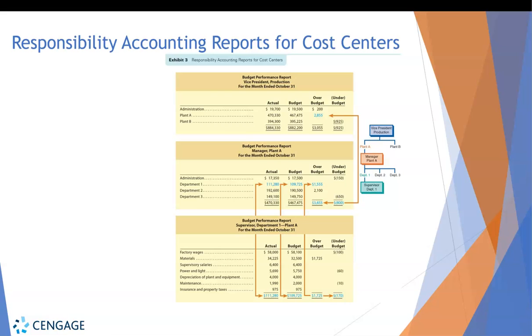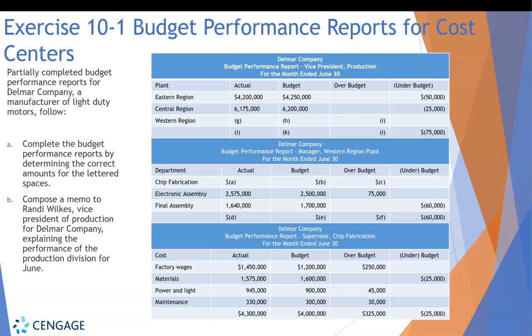Each difference is classified as either over budget or under budget. These reports allow cost center managers to look at areas of significant differences. So as you see in this slide, responsibility accounting reports are summarized for higher levels of management.